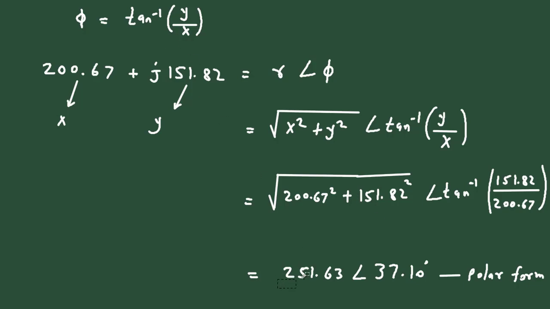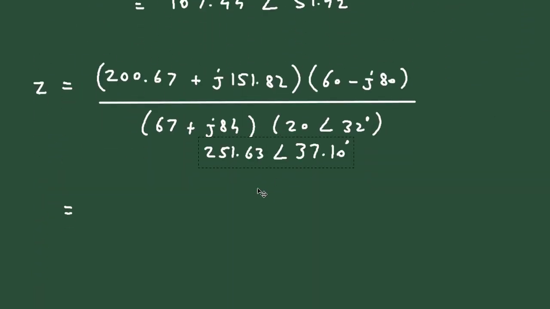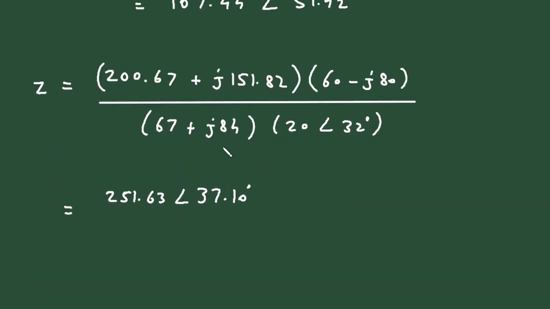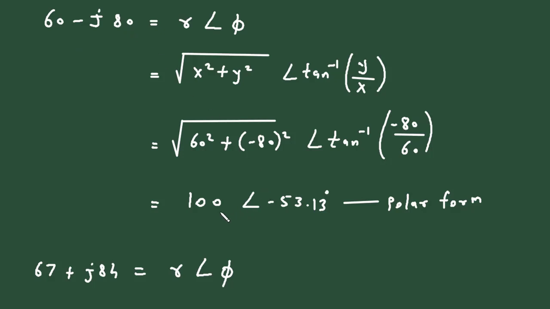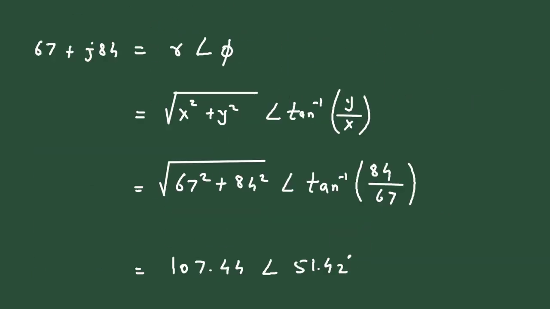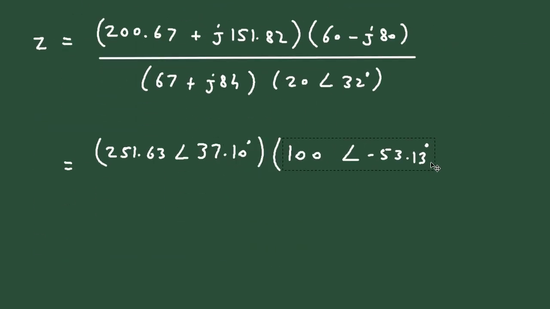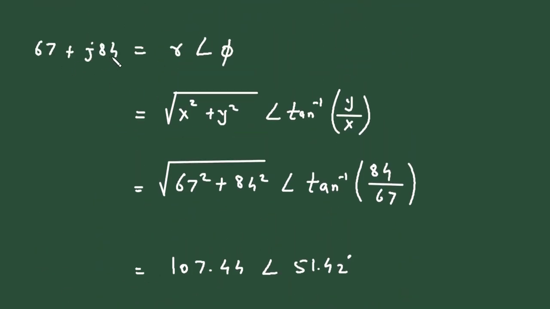Similarly, 60 minus j80 can be replaced by this value, divided by 67 plus j84, which is this value.